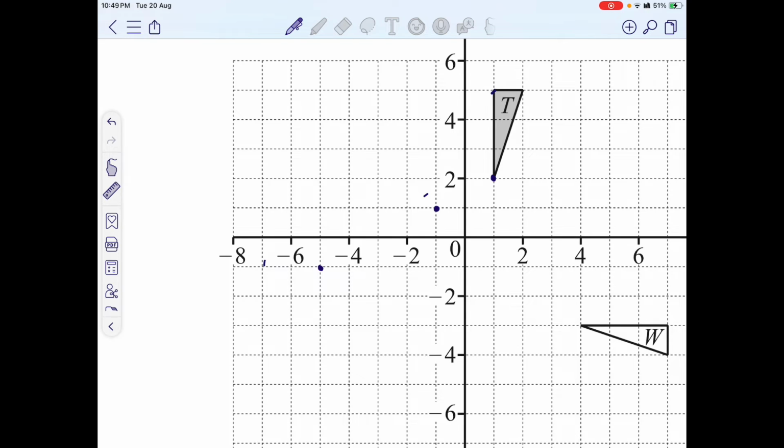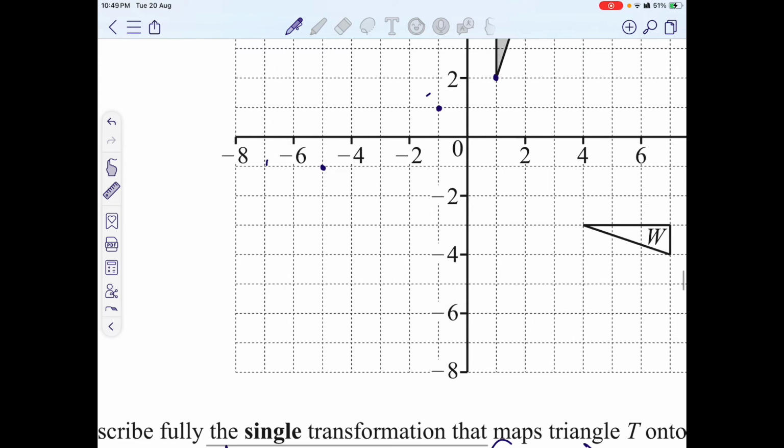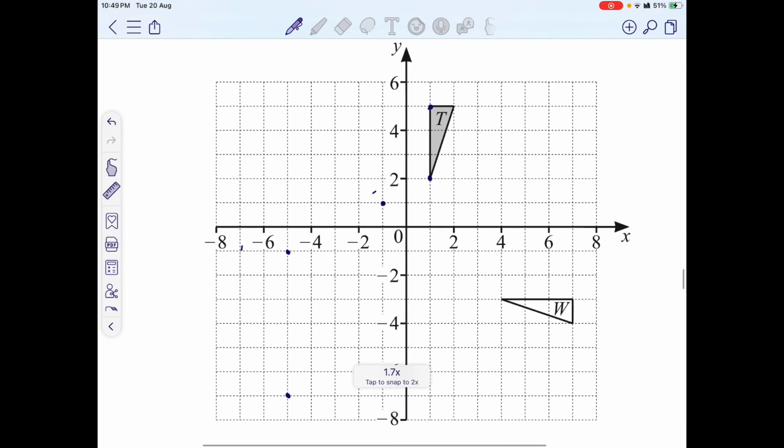Next point, let's say this point, 2 to the right and 4 up. So 4 to the left, and since it's 4 up, 8 down. 8 down would be 2, 4, 6, and 8. It would come somewhere down here. And then for the last point, 3 to the right and 4 up.